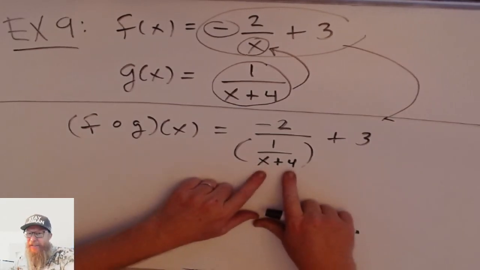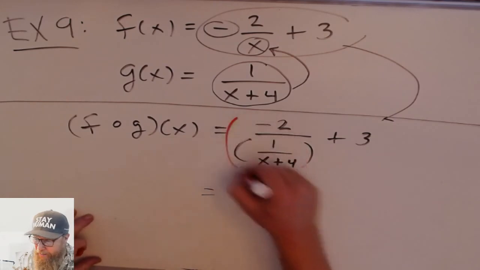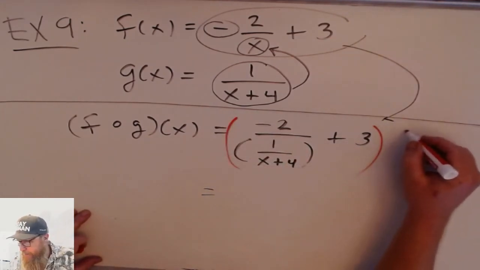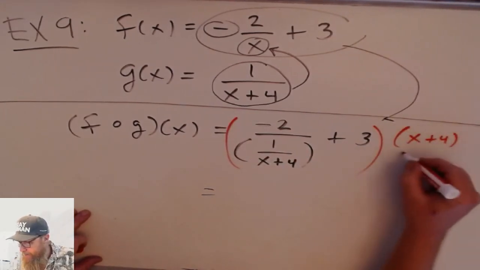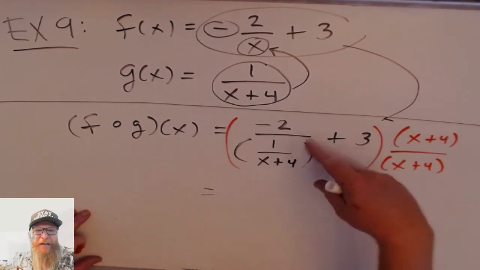All right, now this time we're going to need some simplification here. So what are we going to do? We're going to multiply by a special form of 1. These are called rational functions.